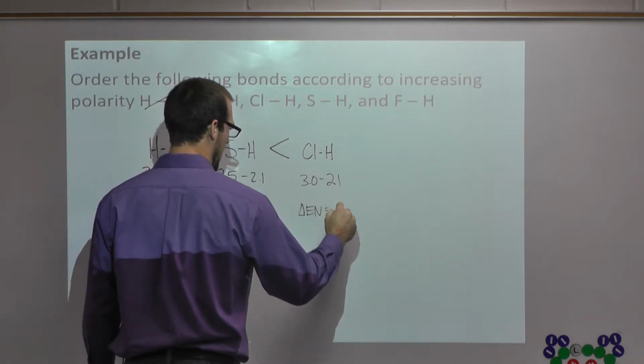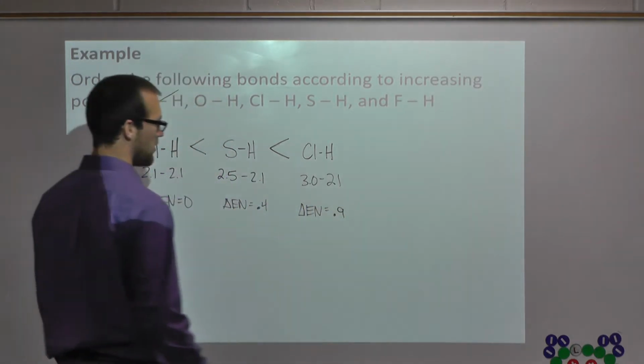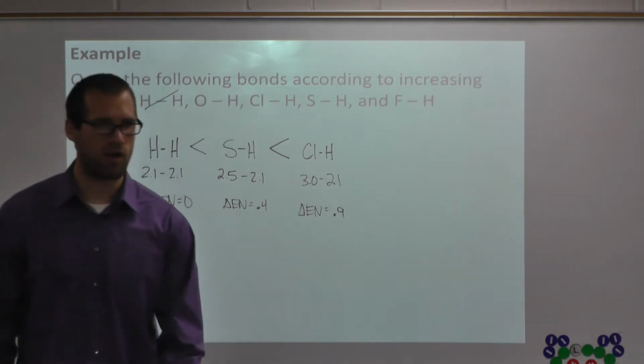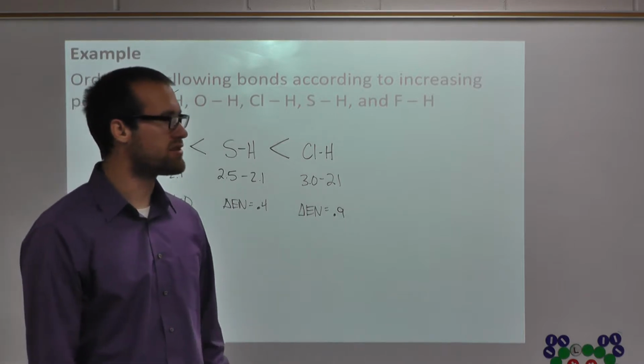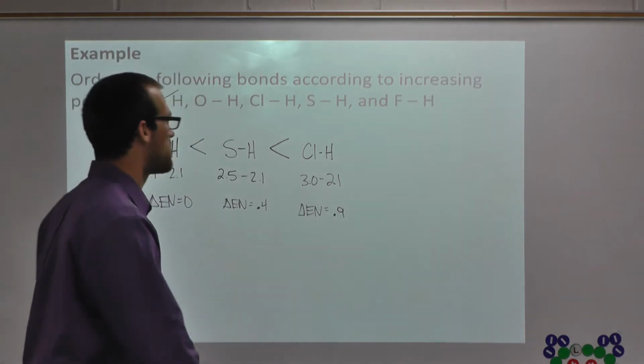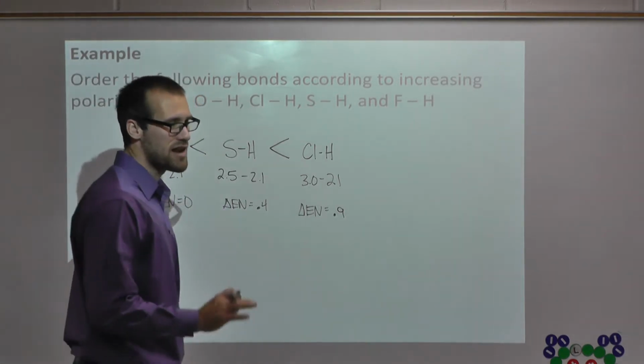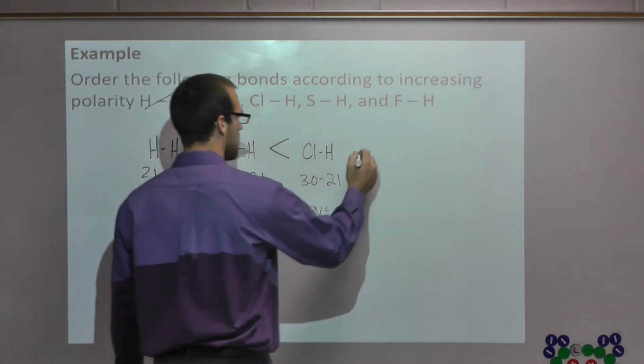Again, you're not going to have to show the difference in electronegativity or remember each particular element's electronegativity value. But it's good to see this so we get a good idea of which one, because it isn't a perfect trend, and I will show you why here in a sec.